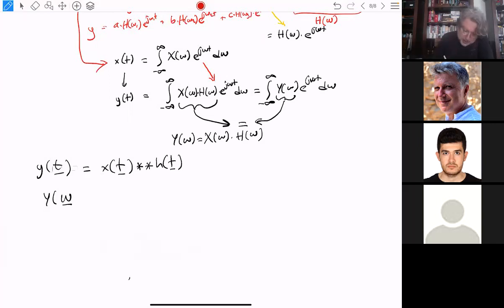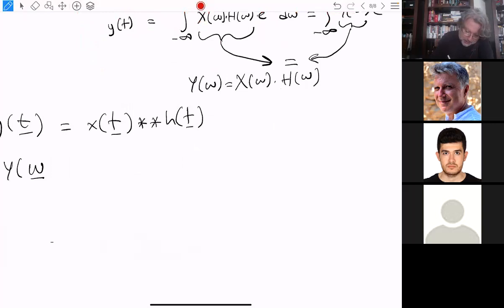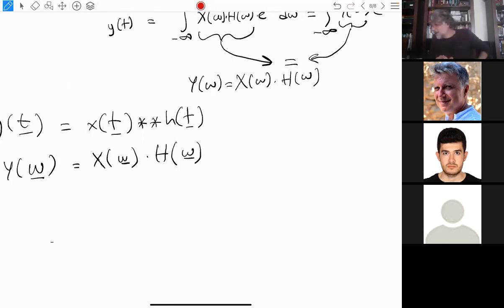But whatever that formula is, again, Y of omega is equal to capital X of omega times capital H of omega. So convolution versus multiplication still acts the same way.